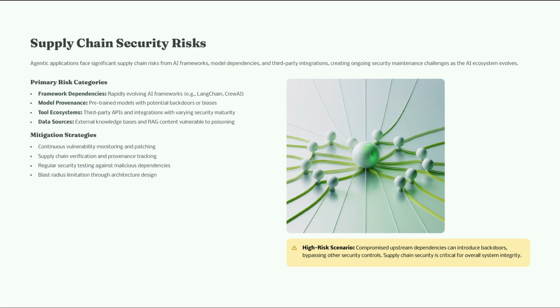Additionally, pre-trained models may harbor hidden backdoors or biases, while third-party APIs can vary significantly in their security maturity. Moreover, external knowledge bases and content sources are not immune to risks such as poisoning. To mitigate these threats, it's crucial to implement continuous vulnerability monitoring, supply chain verification, and regular security testing. In essence, protecting the integrity of our systems means understanding these risks and reinforcing our defenses.